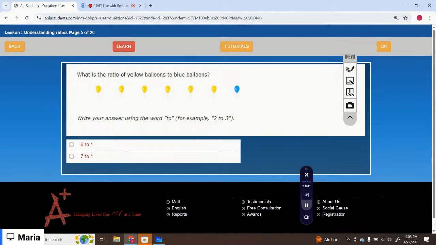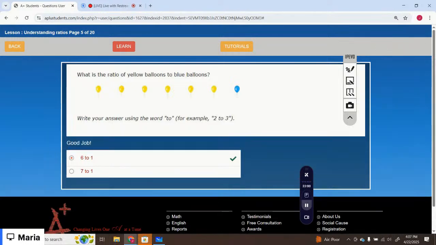What is the ratio of yellow balloons to blue balloons? That is 6:1. Option number 1 is the correct option.